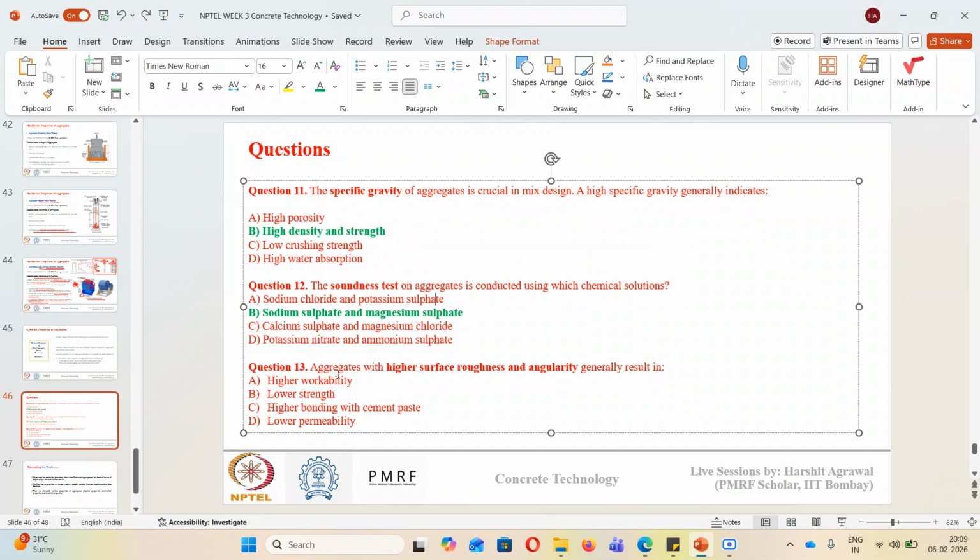Aggregates with high surface roughness and angularity generally result in which kind of concrete? If I have an aggregate with higher surface roughness and angularity, what can I expect from the concrete composed of such aggregate?